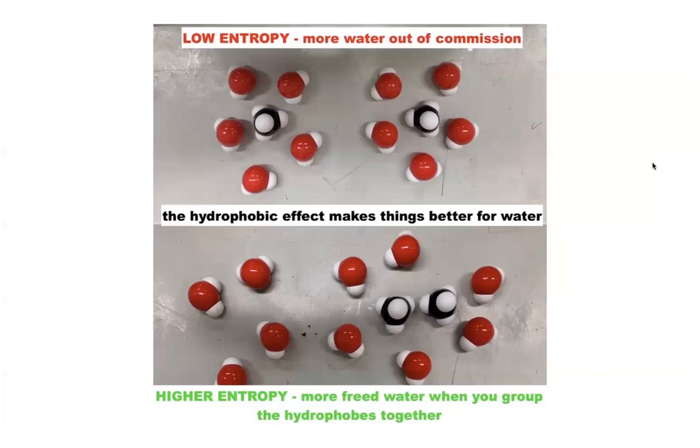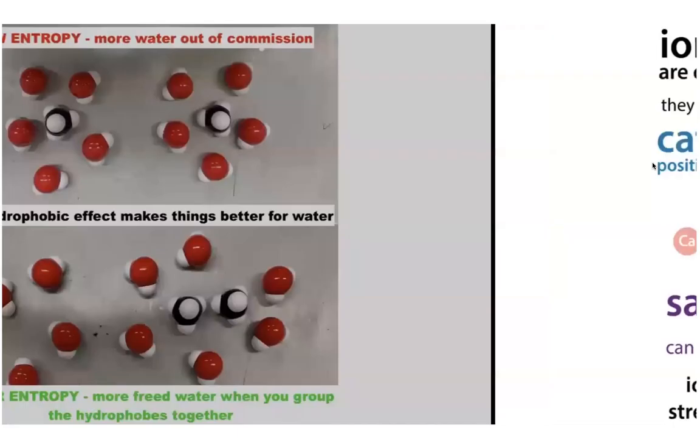So when you have binding, you have contributions from both the entropy, from the water you're releasing, as well as the enthalpy, because the two molecules that are binding could make favorable interactions that also contribute to a favorable binding affinity.